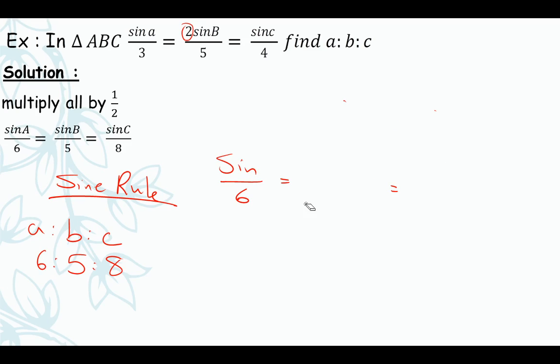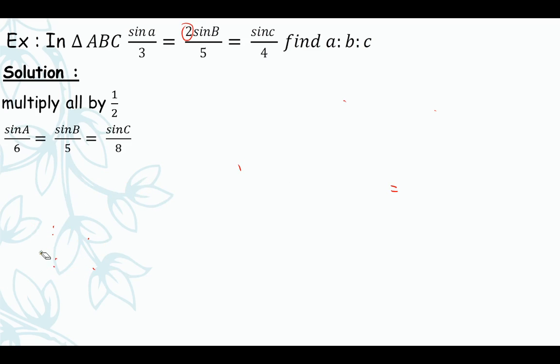You can see the steps again, the final result. Then a to b to c equals 6 to 5 to 8. Thank you.